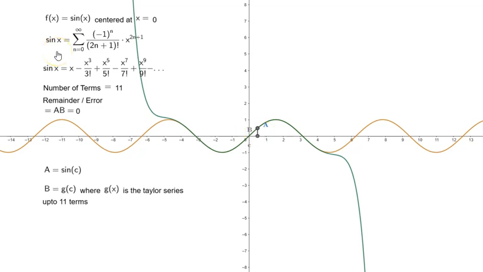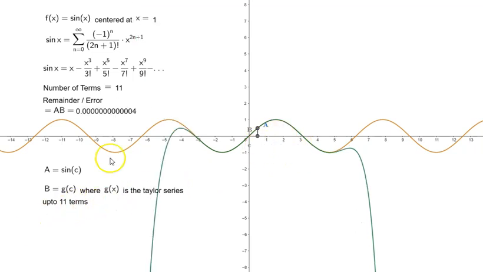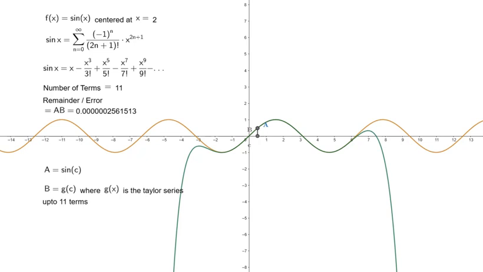Now let me change the center itself. Let's say x is not equal to zero. Rather, sine of x is not centered at x equal to 0, but it is centered at x equal to 1. See, the error has reduced. Again, if I center it at 2, the error has increased.